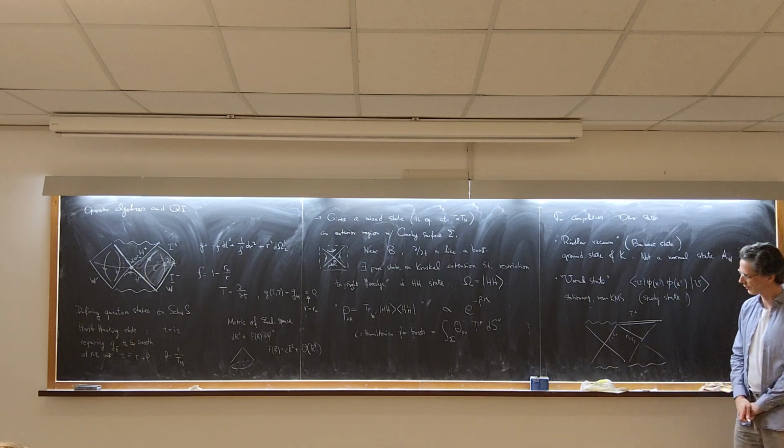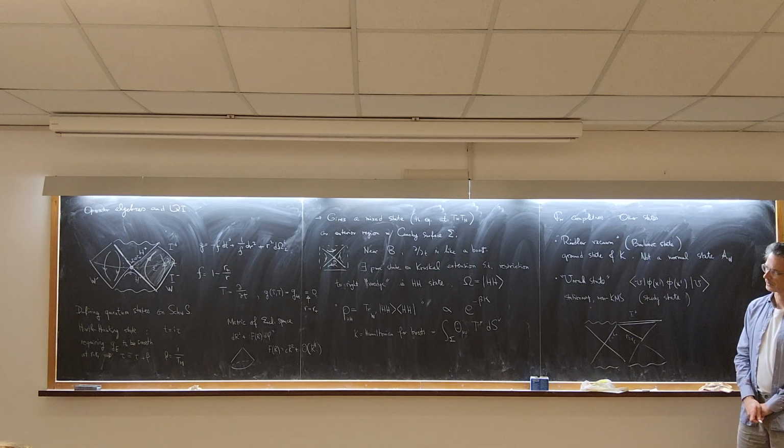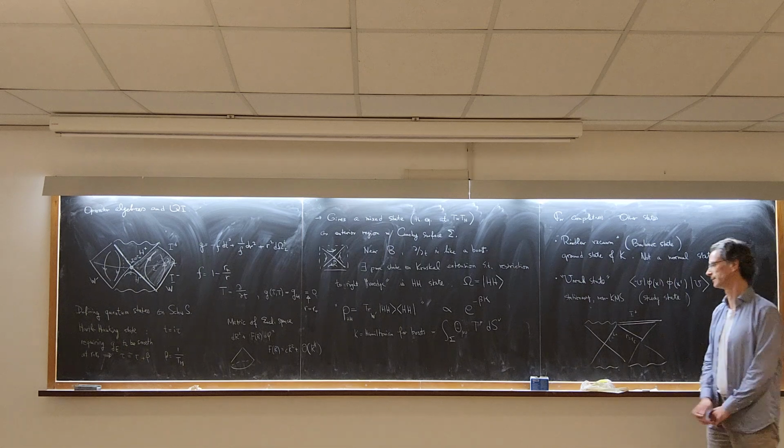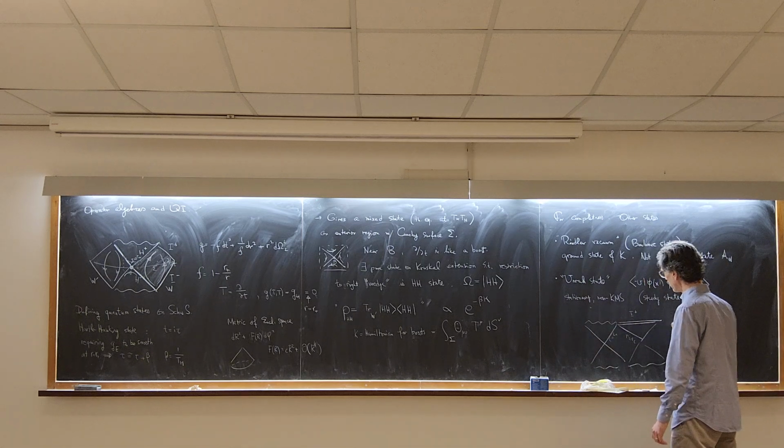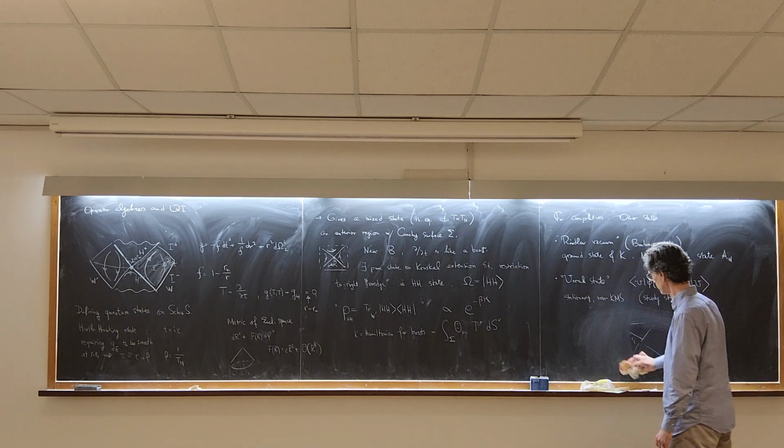So you can see from this example that you're going to have a big problem with the Hartle-Hawking state in Schwarzschild space. The same kind of problem appears in other systems as well. Nevertheless, the Hartle-Hawking state is an important state.